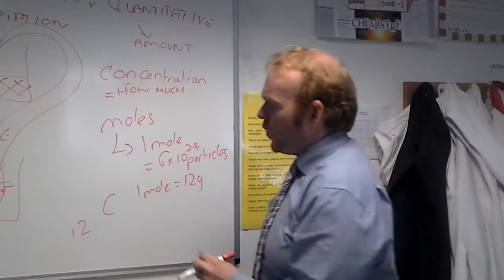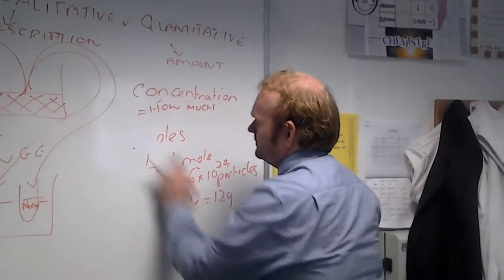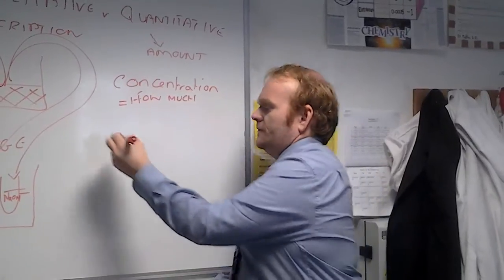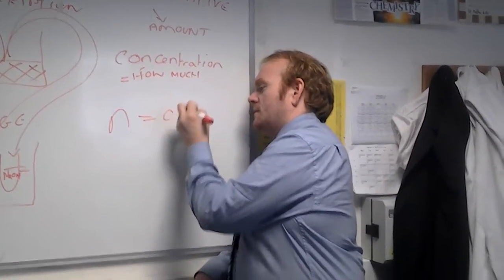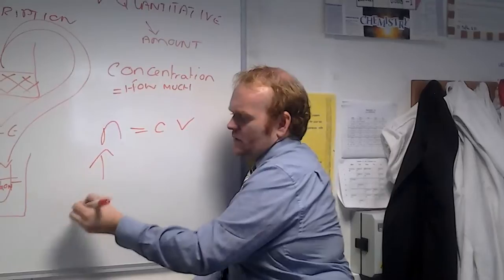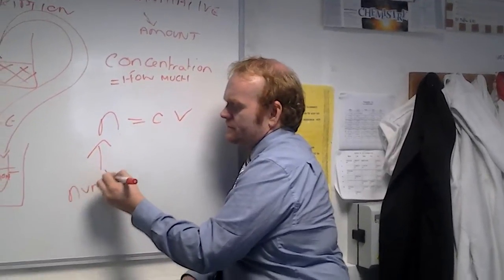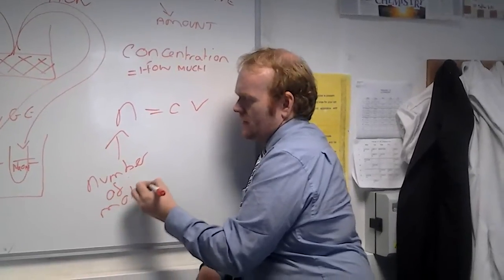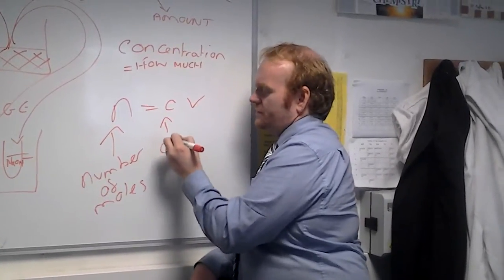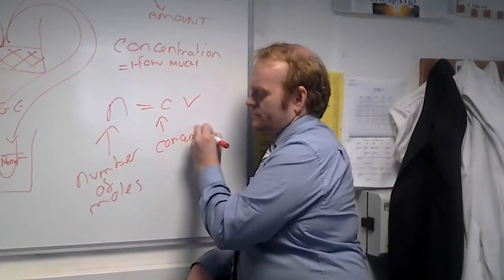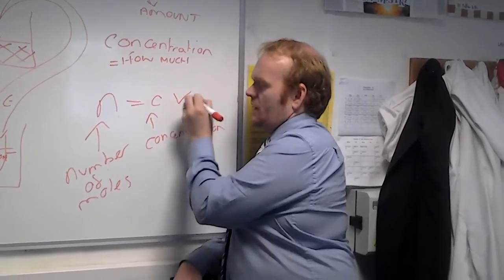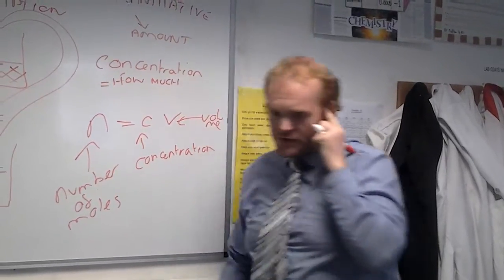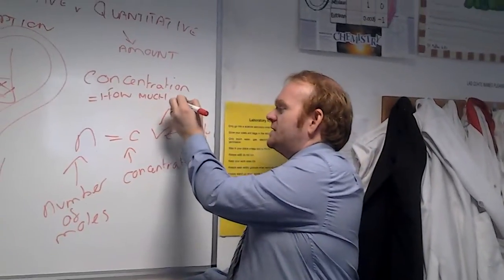I now need to know what the concentration of these are, so I've got an equation that I can use. n is equal to the number of moles, C is equal to the concentration, and V is equal to the volume, which is normally in litres.